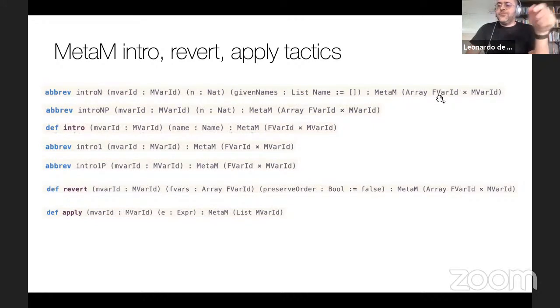You know that you have 3 arguments and you can index them easily with arrays. You're going to see that quite often, that for metavariables we use lists because we want to plug in the list of open goals, the remaining goals that have to be solved. But for free variables, we usually use arrays because they are more internal building blocks.